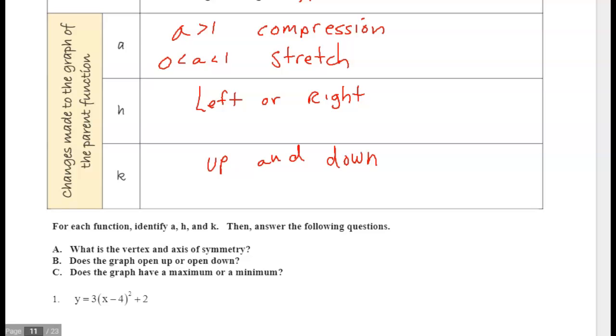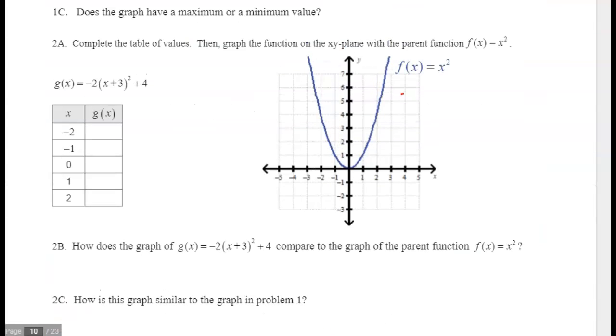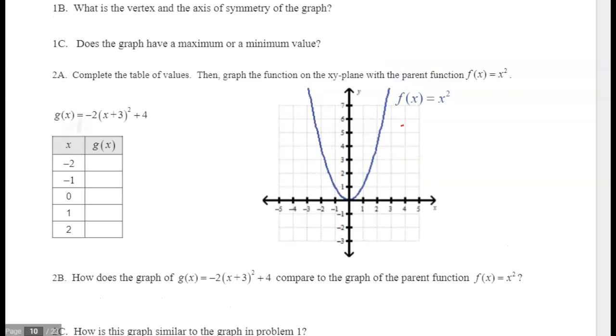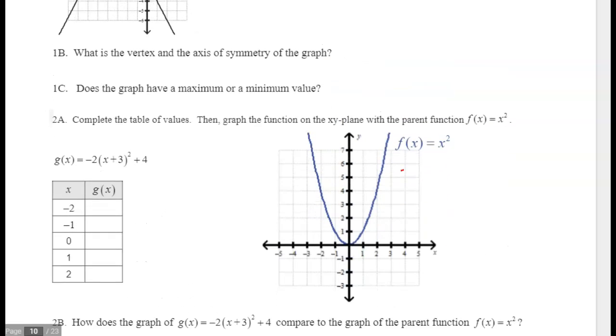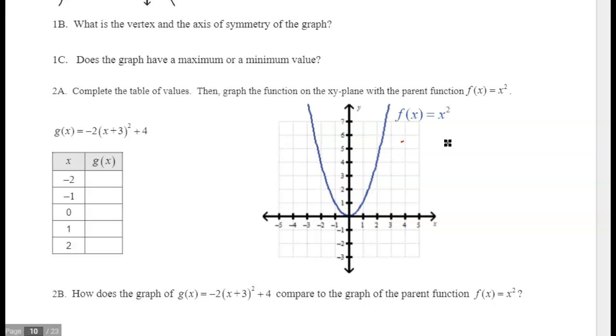If you go back to page 10, you don't need to turn this part in, but really what we have going on here is x minus a negative 3. That's how you get the x plus 3.